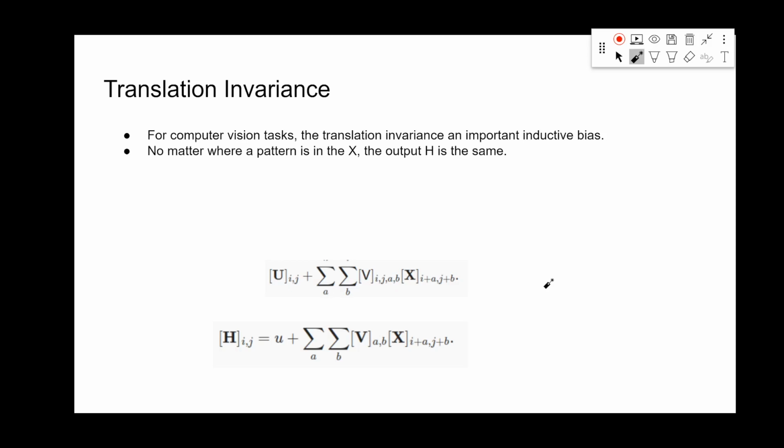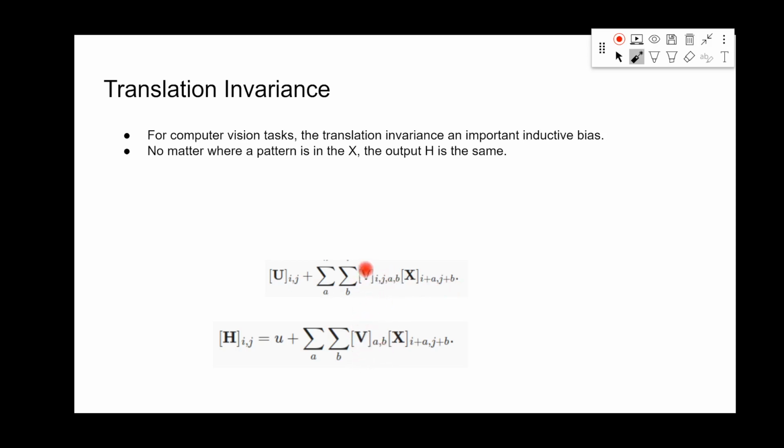So how can we represent translation invariance? Maybe we can look at the formula here. From the previous page, we know that when we want to calculate the output, we can use this formula. But if we get rid of the ij here, it means that V_ijab becomes V_ab.